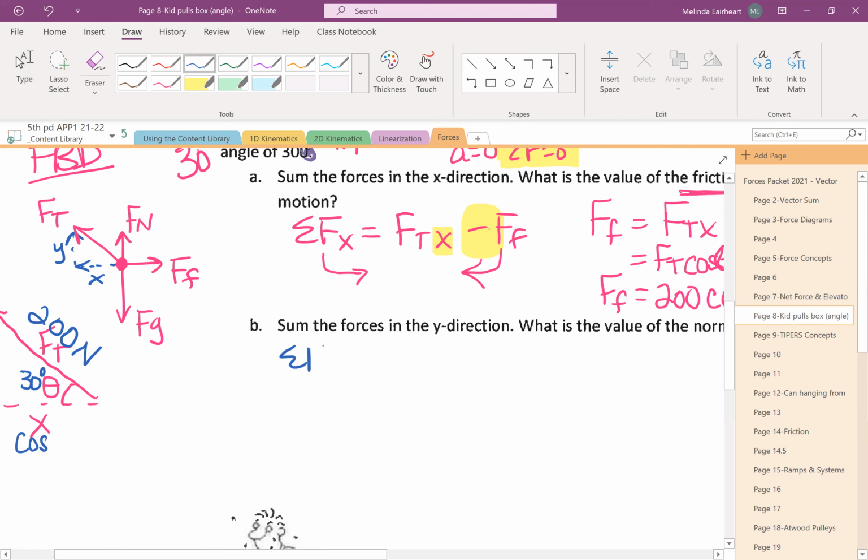And so FNet in the vertical. Now, previously we said that up was positive, just went with standard. It's not moving vertically, and so it's not going to matter. And so I'm going to say Fn plus, keep me going. Who else is going upward?